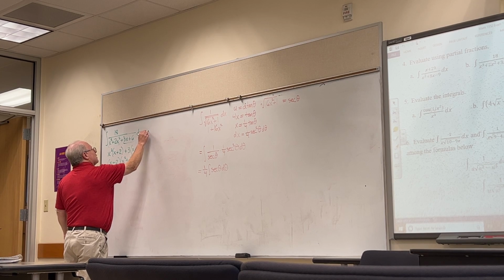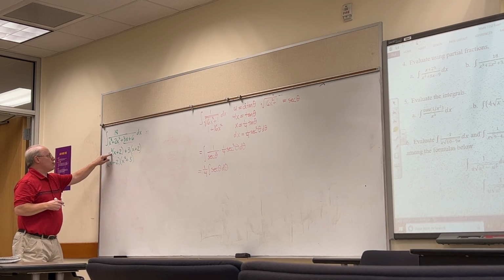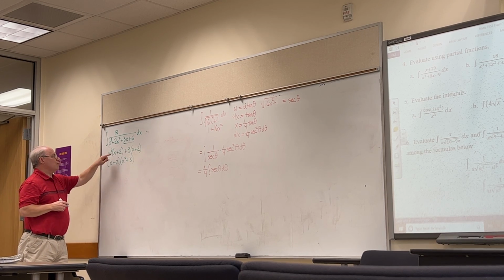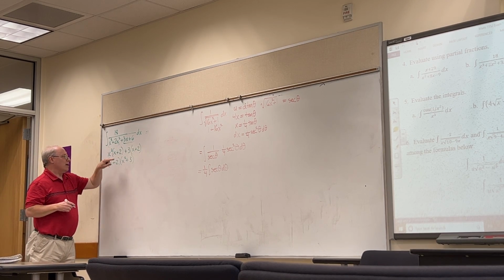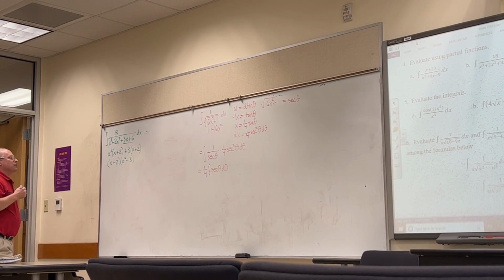So what does the decomposition look like? Where did the x squared plus 3 come from? The x squared comes from here, the 3 comes from here. What we did here is factored out that common factor of x plus 2. All right, so what does the decomposition look like?